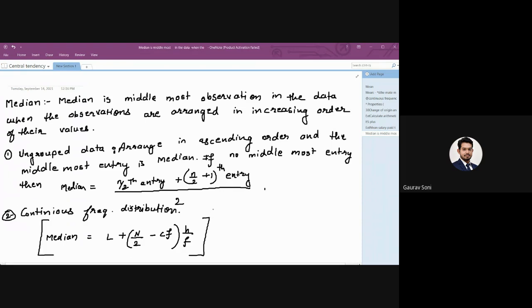What are the representations? L is the lower limit of the class. H is the height of your class, meaning the width, which you can find by upper limit minus lower limit. F is the frequency of the class. What is CF? Anyone?